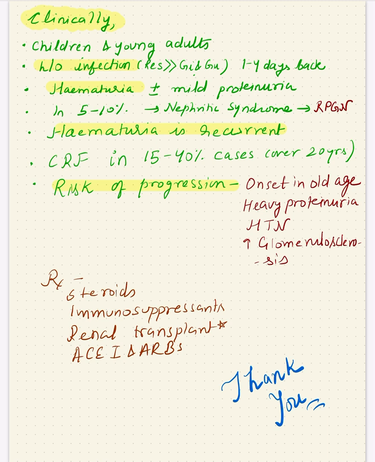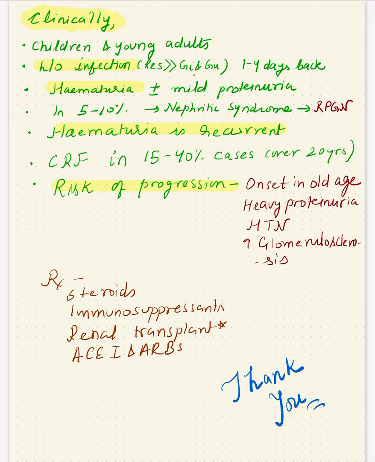Then clinically, there will be hematuria with or without proteinuria. In 5 to 10% of patients, there is presentation as acute nephritic syndrome. So there will be proteinuria, hematuria, and later on it can also progress to rapidly progressive glomerulonephritis, or present as crescentic glomerulonephritis. Now hematuria is recurrent, so it can occur again after a few months.